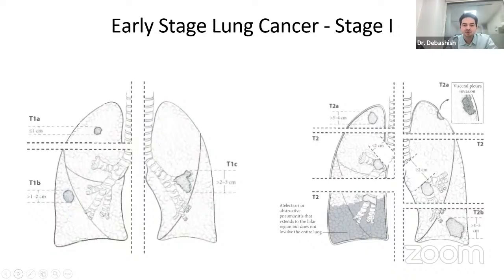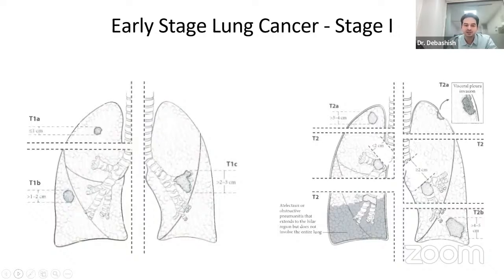And anything that is more than 4 centimeters, usually we consider for neoadjuvant therapy, or if it's node positive, then we consider for neoadjuvant therapy. So the scope of early stage lung cancer is only confined to where we have a single modality of treatment.